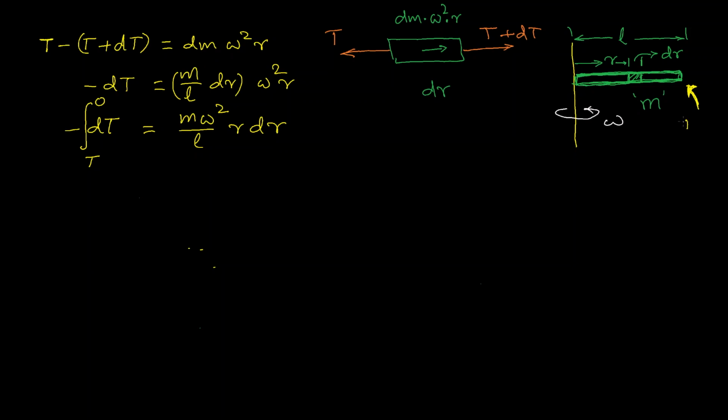And this one will be from r to L. So T is the tension at a distance r from the center, and when we go to r equal to L, the tension is 0.